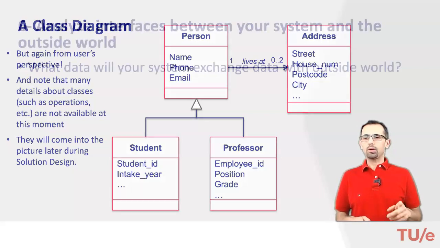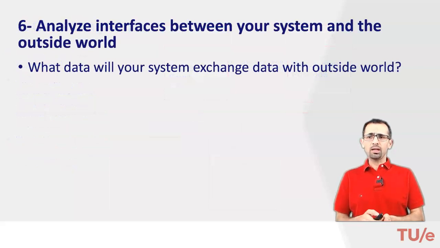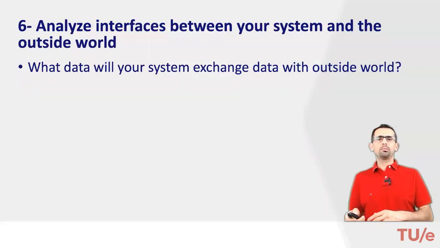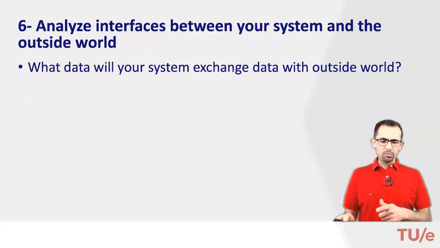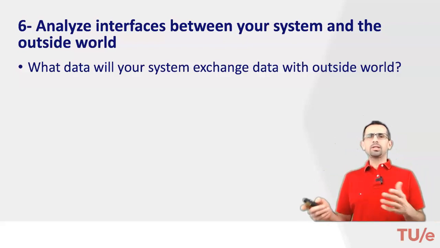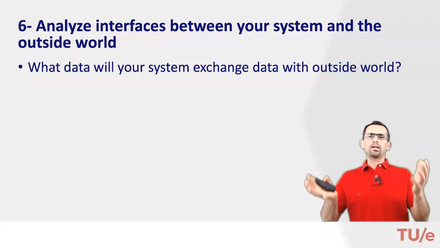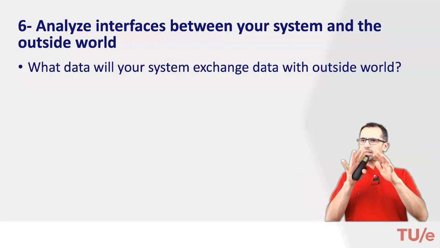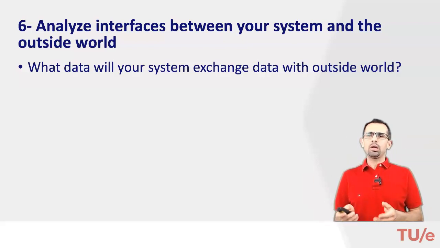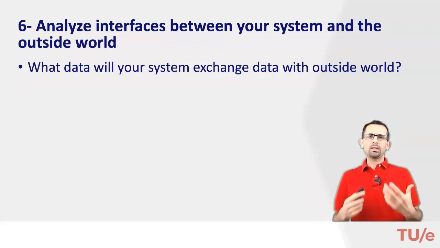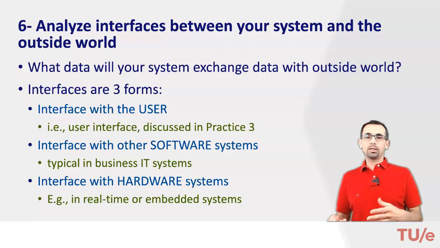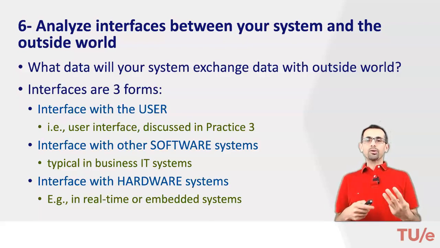Okay, once more. Sixth one: analyze interfaces between your system and the outside world. We mentioned the context diagram that shows that relationship in one way, but that's a very high level relationship. Here we refer to a deeper understanding of how that interface works. We can talk about three forms of interfaces.